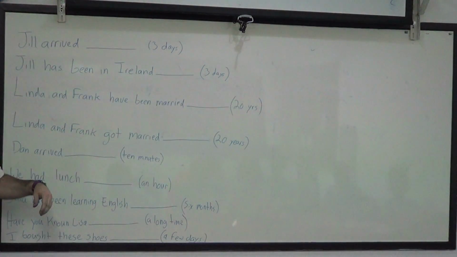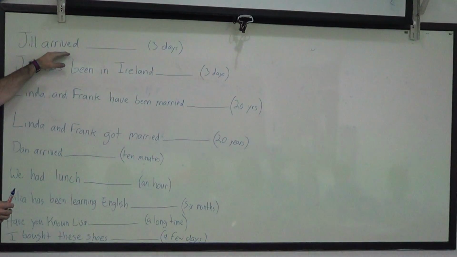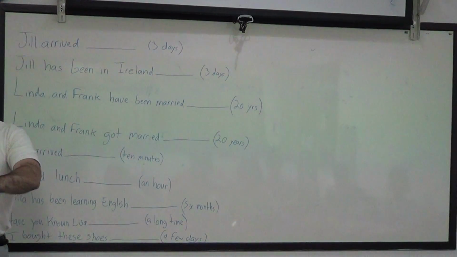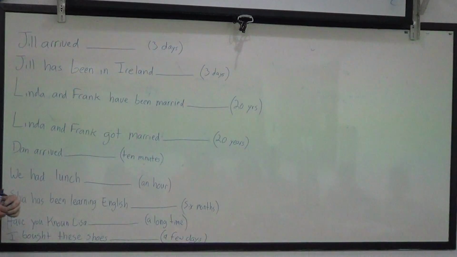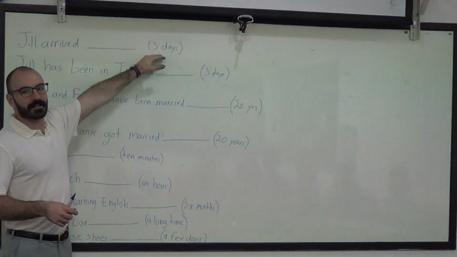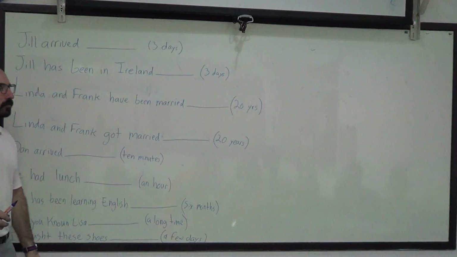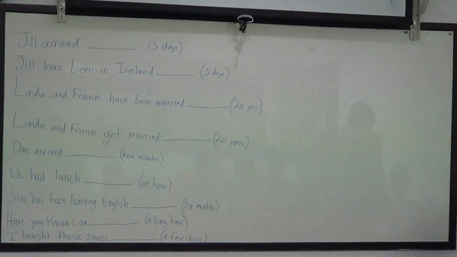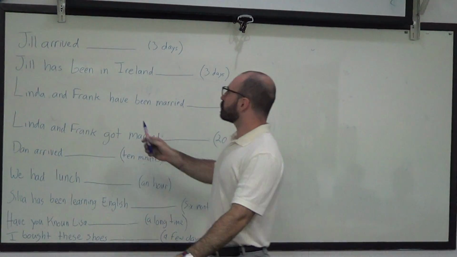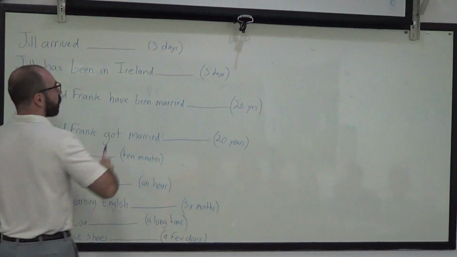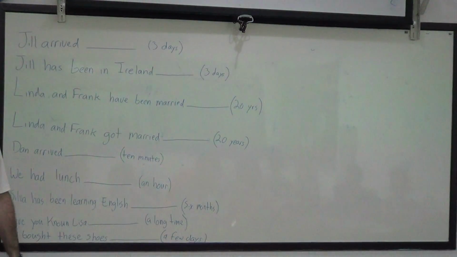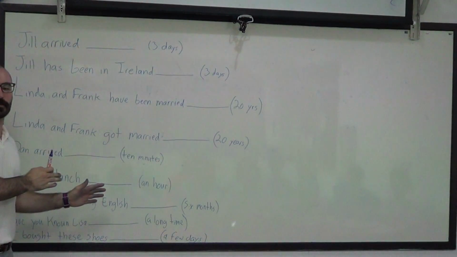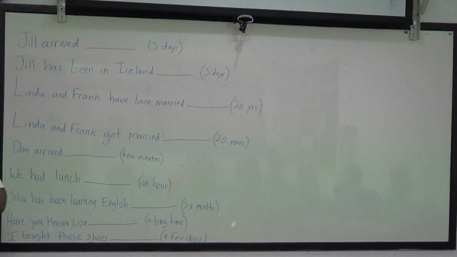Okay, so number one, Jill arrived. Now this is in the past. So Jill arrived and 3 days is the time. How would you say that she arrived 3 days in the past? How would you make that sentence?